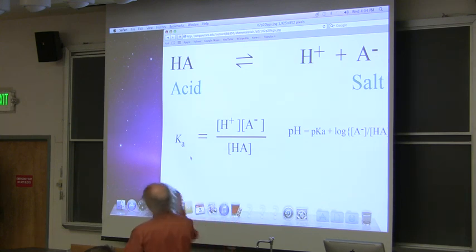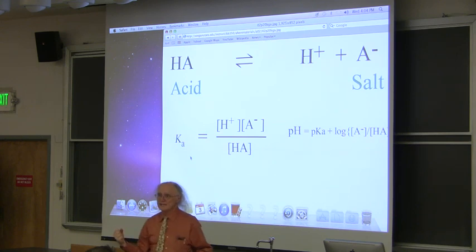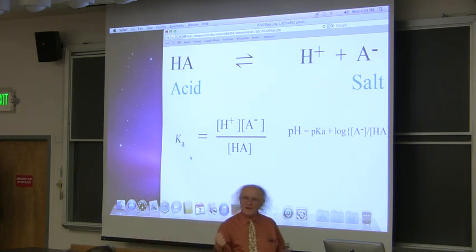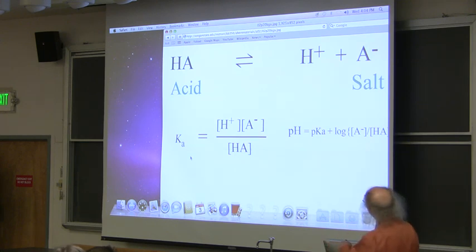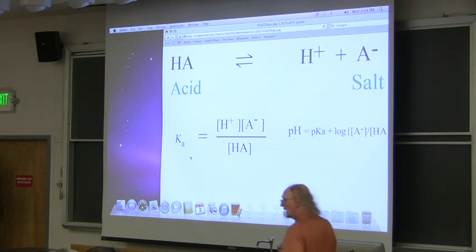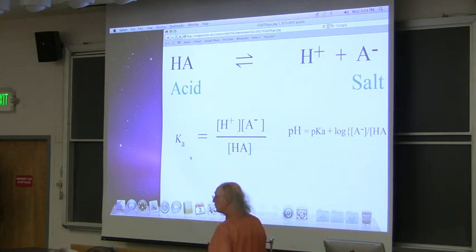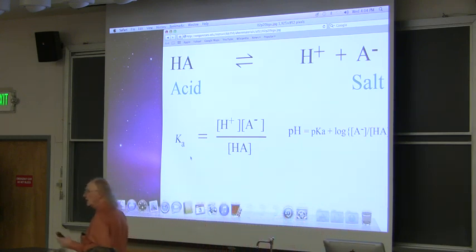So if I have something gobbling up protons and taking them away, this is going to start trying to replace them. That's a very cool thing about a weak acid. The salt of a weak acid can accept protons if they get dumped in excess, and the weak acid itself can replace protons if something is taking them away.